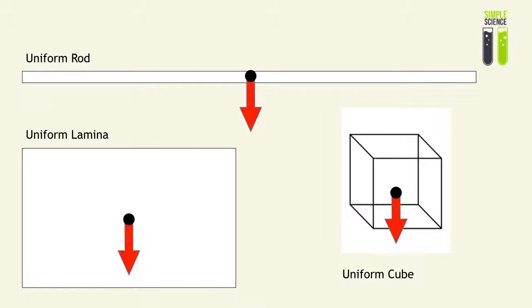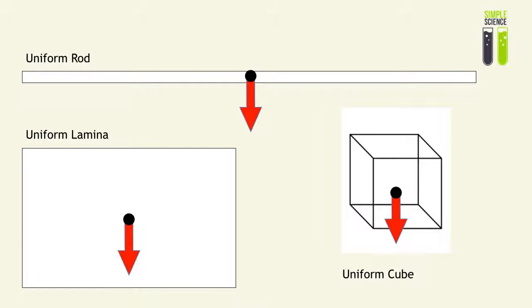Whilst the uniform lamina, which is basically a 2D sheet, the center of mass will be at the center of the lamina. Whereas in a uniform cube, the center of mass is at the center of the cube.